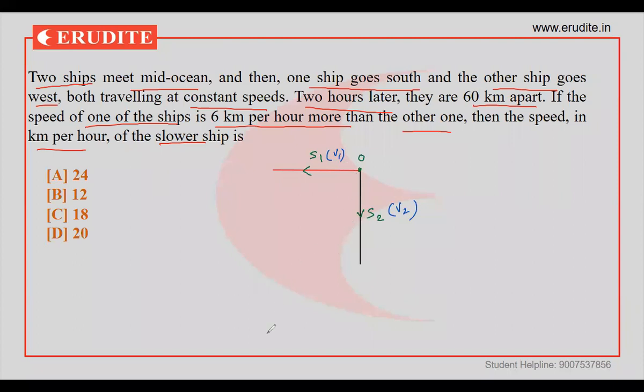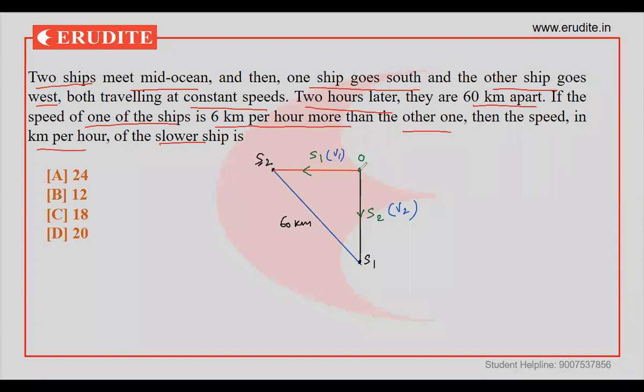So guys, they are going in west direction and south direction. After 2 hours, the distance between them is 60 kilometers. So you can see that after 2 hours, let's say ship 1 is here at this junction, right? Ship 1 is here and ship 2 is here. And the distance between them is 60 kilometers. So this distance they have covered in 2 hours.